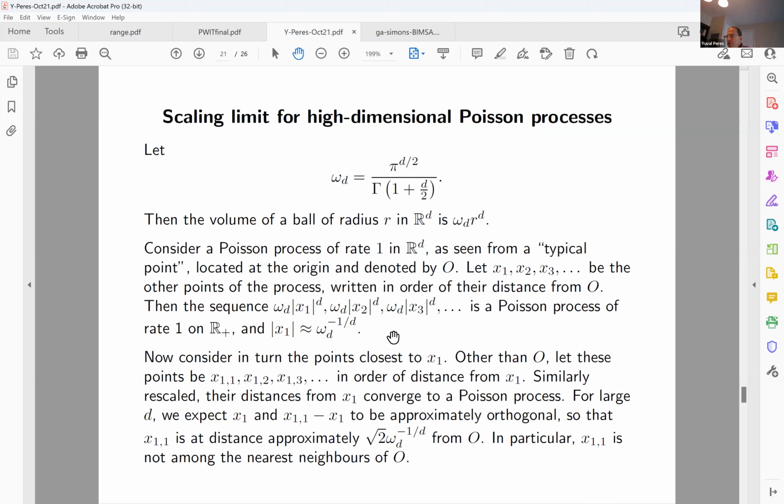But if we look at the points closest to x1, ignoring the origin, then these points we can write as x11, x12, and so on. Now we're still in Euclidean space, but when we scale them similarly, so look at the volumes corresponding to the distance from x1 to x11, then we have convergence to a Poisson process, and we expect and can prove that the vector from the origin to x1 and the vector from x1 to x11 are approximately orthogonal.